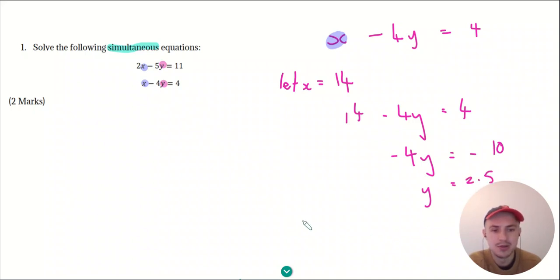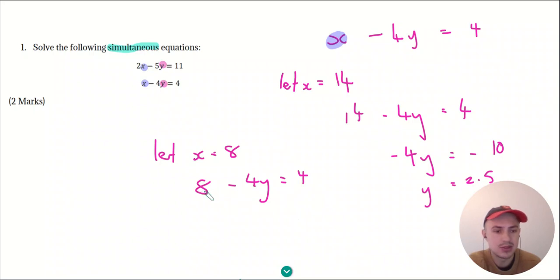Okay, but what if x equals 8? Then we'd have 8 minus 4y equals 4.